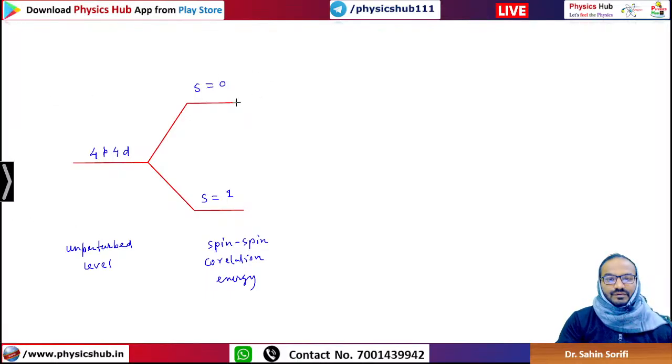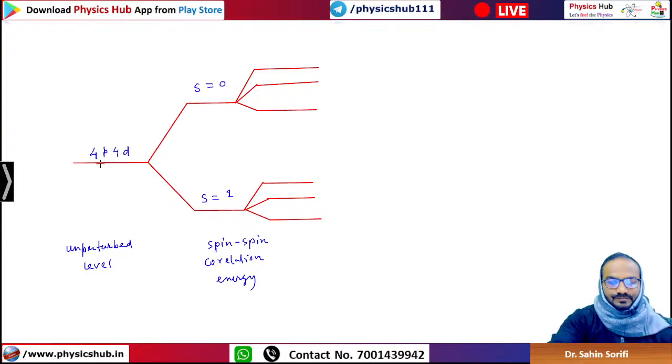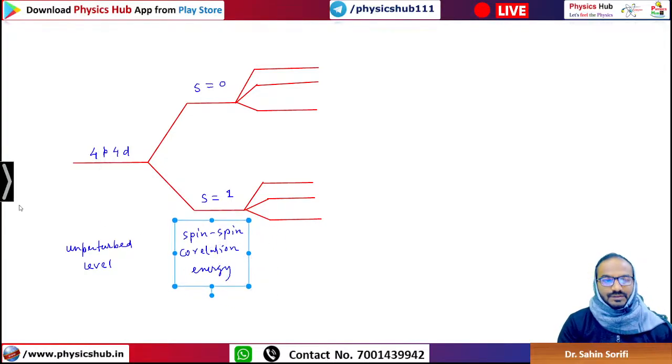1p, 1d, 1f. For S equals 1, we get 3p, 3d, 3f. This was the spin-spin correlation.